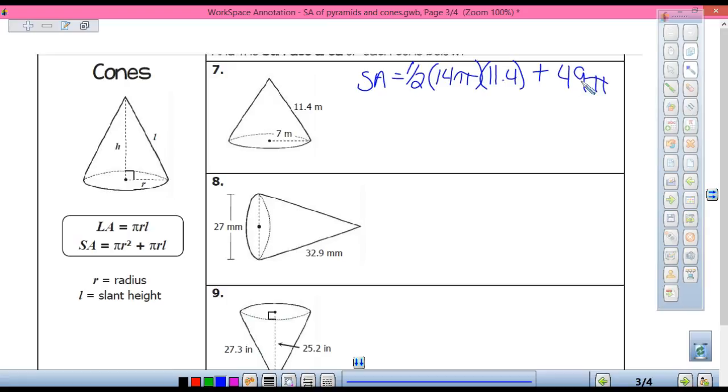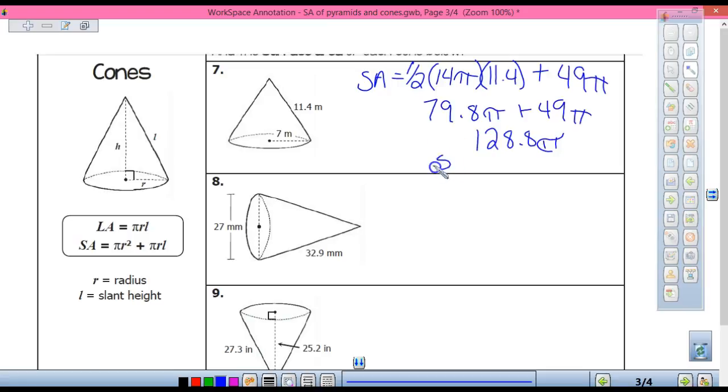Not optional. So 14 times 11.4 divided by 2 is 79.8 pi, plus 49 pi, so 128.8 pi.